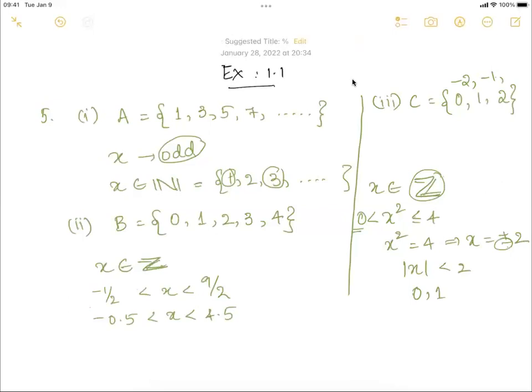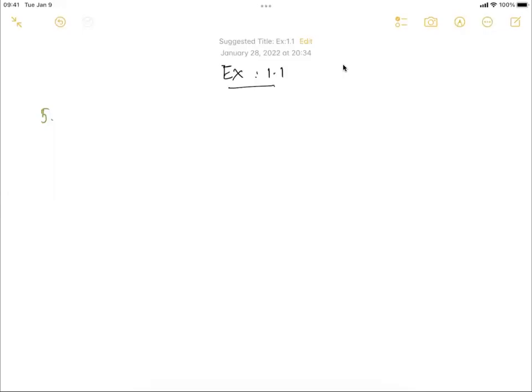And you can check the squares: 0 squared is 0, -2 squared is the same as 2 squared, which is 4, and 1 squared is the same as -1 squared, which is 1, and these are all less than or equal to 4. So that's number C.